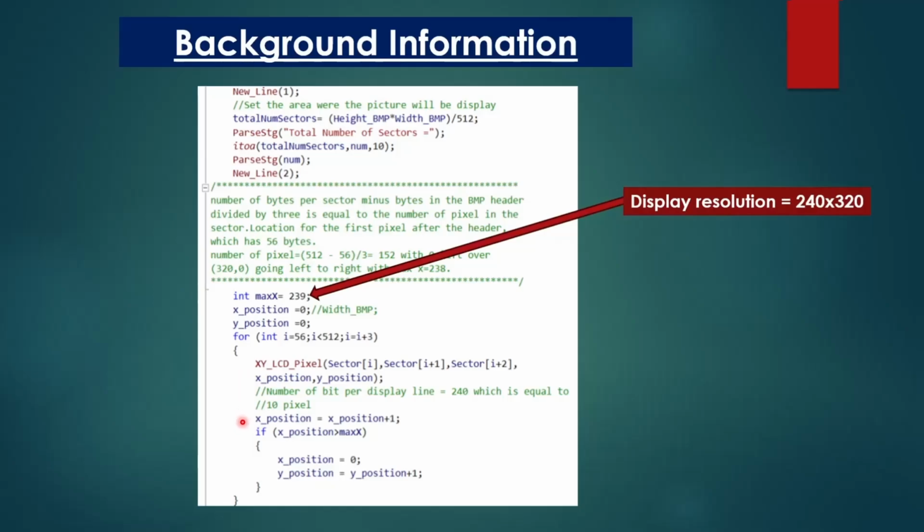Next, after doing that, I increment the column, so I go to the next position. Then I check to make sure I'm not at the end of the row, and if I'm at the end of the row, I change my X position to 0, and I go to the next row. So in a nutshell, I took care of rendering the first sector.